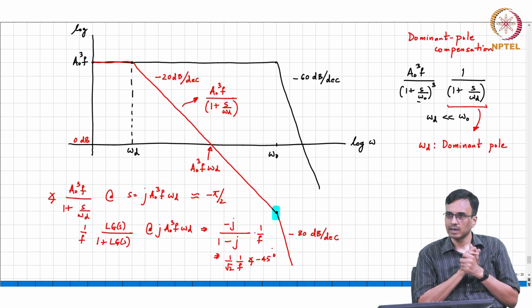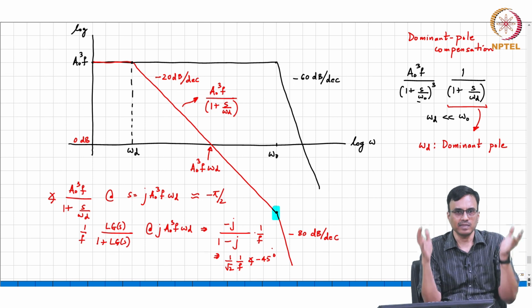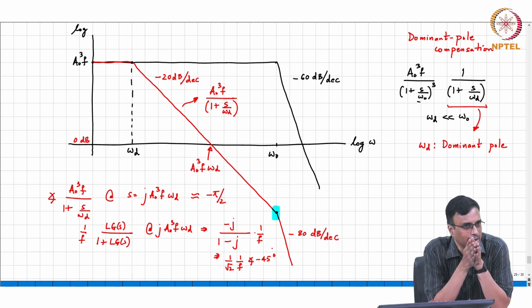Does it make sense? So for all practical purposes this looks like a first order loop gain function, which means the 3 dB bandwidth of the closed loop system will be A naught cube f omega d.